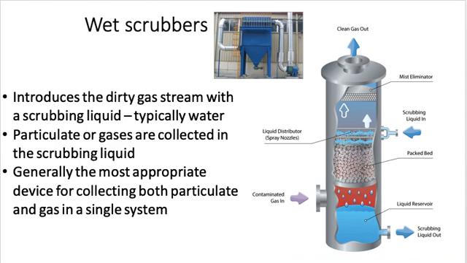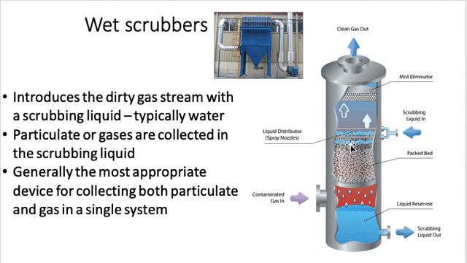There are a couple different types. The first one we're going to talk about is a wet scrubber. It's where we introduce the dirty gas stream with a scrubbing liquid. So why do we call it a wet scrubber? Because we use liquid. Typically, this liquid is water. And it works best on particulate or gases that can be collected, or a combination of those two together. And you can collect them in the scrubbing liquid.